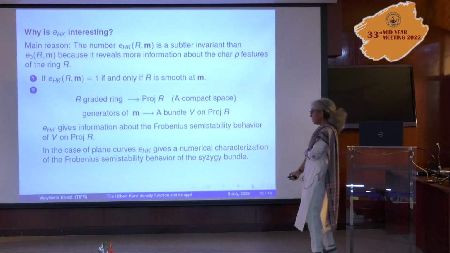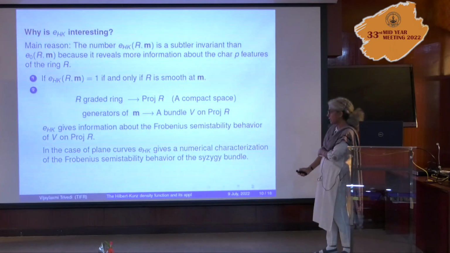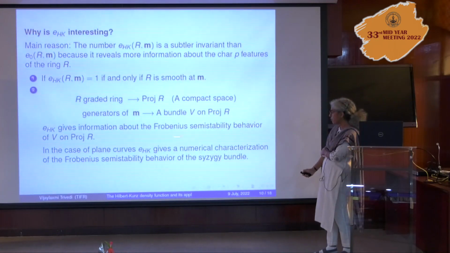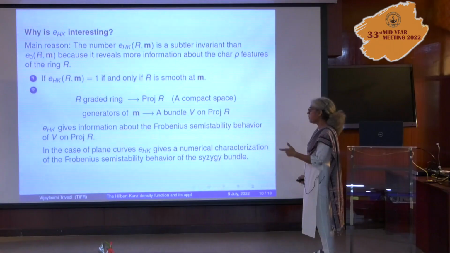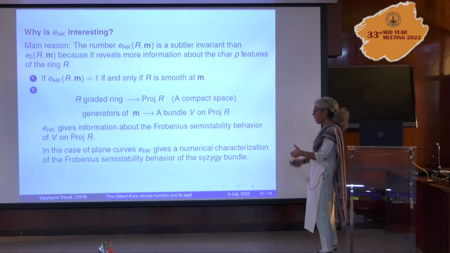So this number e_HK(R, m) gives me information on Frobenius semi-stability: how this bundle behaves when you take higher and higher Frobenius and pull the bundle up. And in fact, on a plane curve it gives me numerical information about how much it destabilizes and at what stage it destabilizes, all the information.